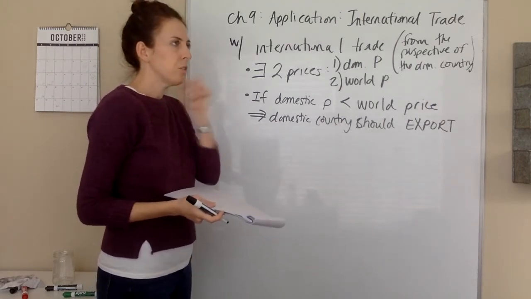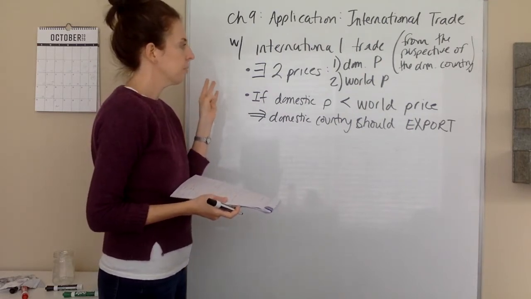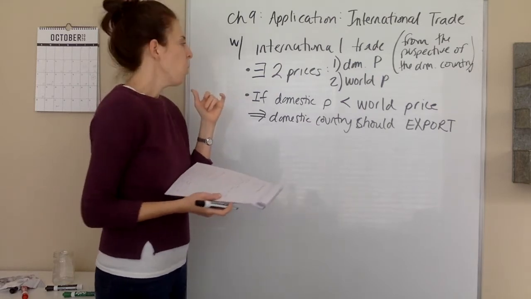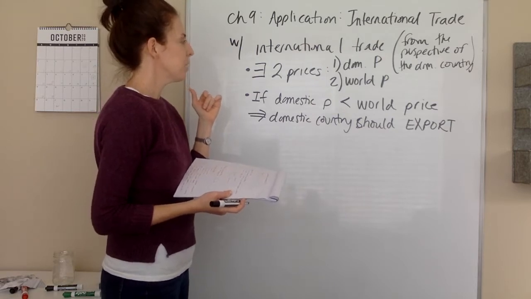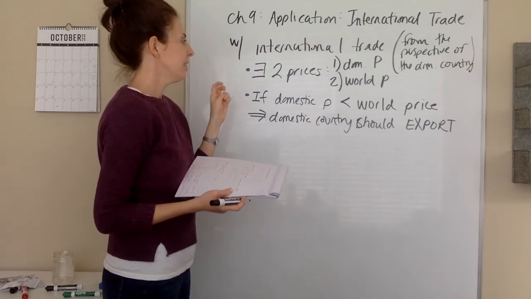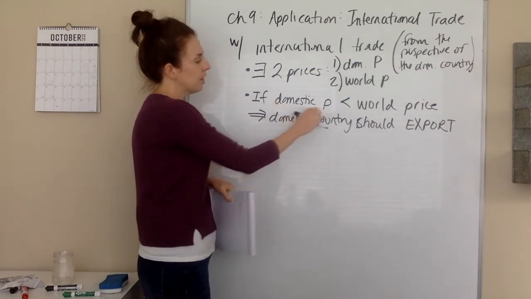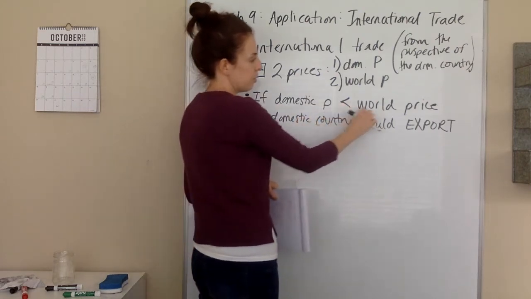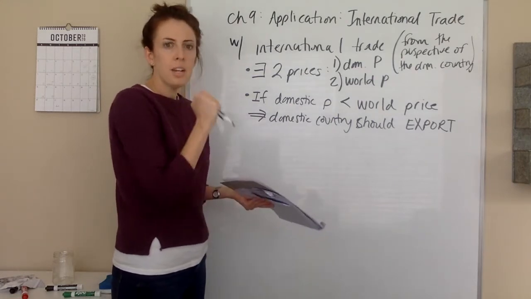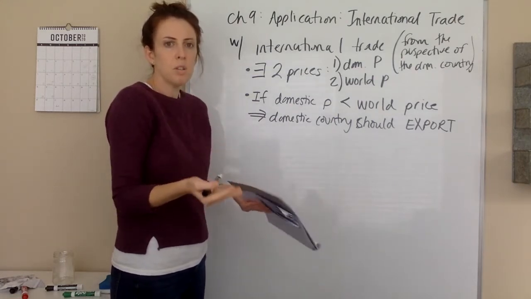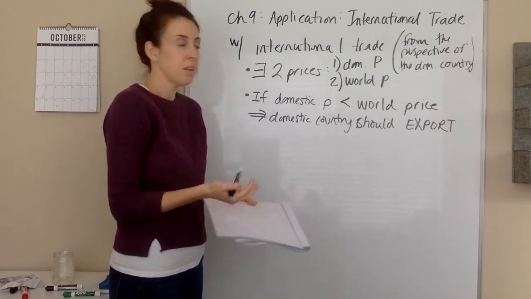Okay, let's do an intuition check here to see if this makes sense. Suppose we have some product like iPads, where, actually that's a bad example. Let's suppose we have some product like motorcycles. And in the domestic country, the price of motorcycles is less than the price of motorcycles in the rest of the world. Well, if that's true, then that tells us that the domestic country is relatively more efficient at making the good, and because they can make the good at a less costly amount, they can sell it at a less costly amount.